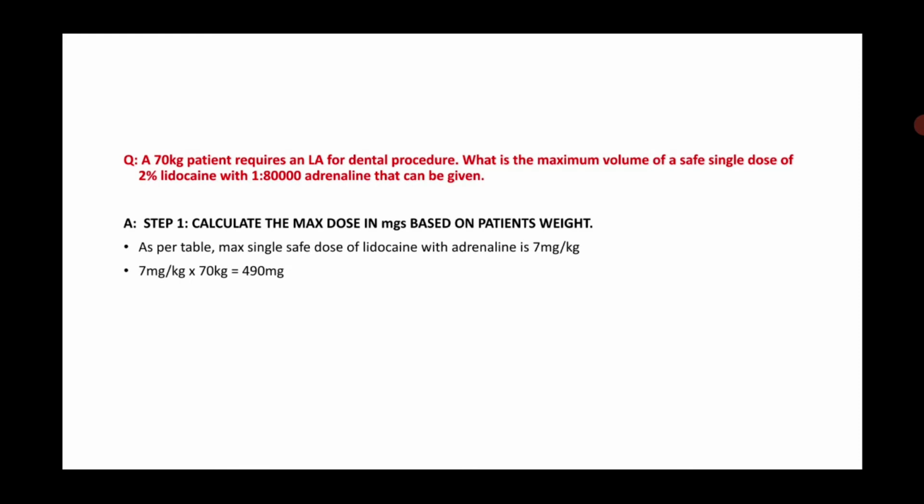For each kilogram you can give a maximum of 7 milligrams of local anesthesia. The patient is 70 kg, so you multiply 70 kg by 7 milligrams per kilogram, which is 490 milligrams. This is the maximum amount of LA that can be given to that patient.